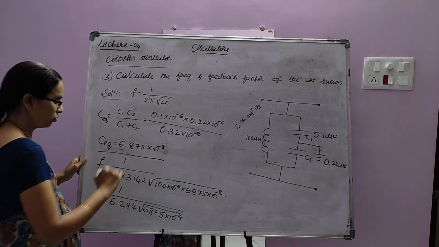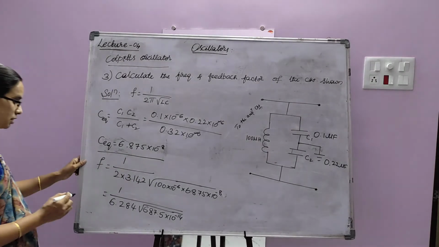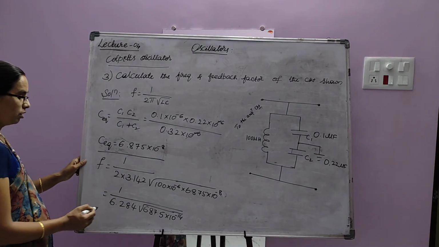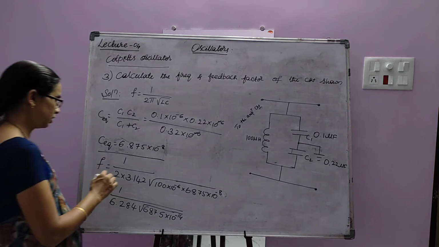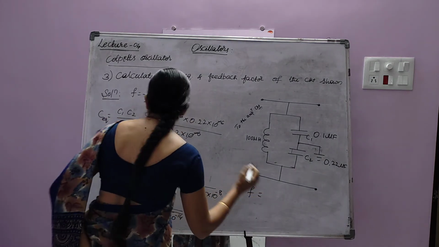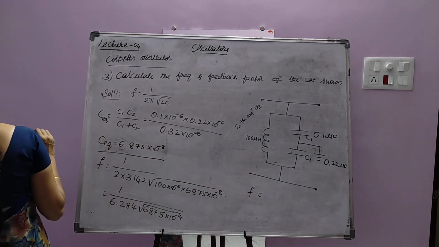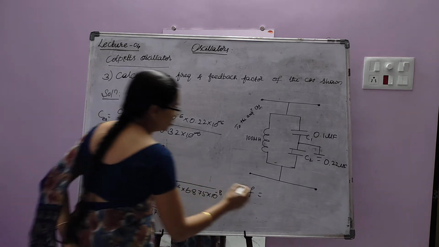If you take this minus 14 outside, 10 to the power of minus 7, it will be... So, after calculating the frequency value, we are getting 60.691 kilohertz.